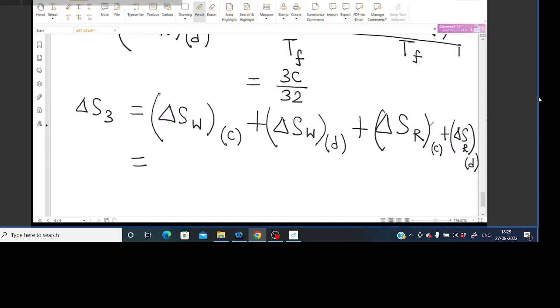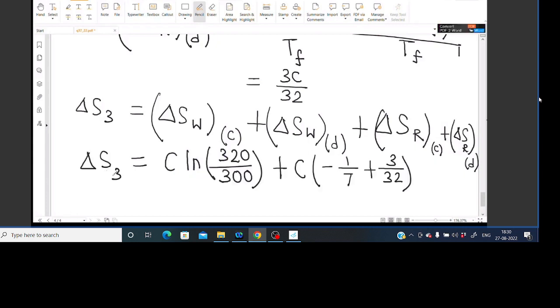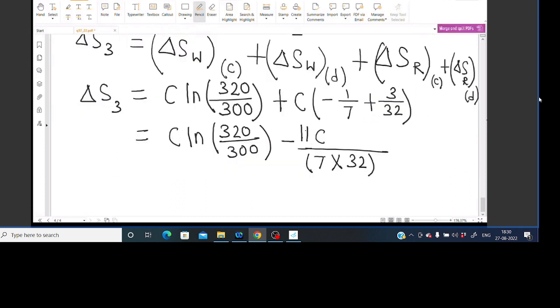Putting the values of these quantities and after doing some simplification, we get delta S3 equal to C log 320 by 300 plus C into minus 1 by 7 plus 3 by 32. The second term gives minus 11C by 7 into 32 after some simplification.